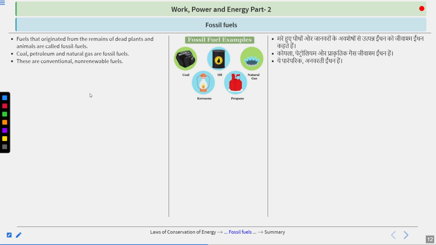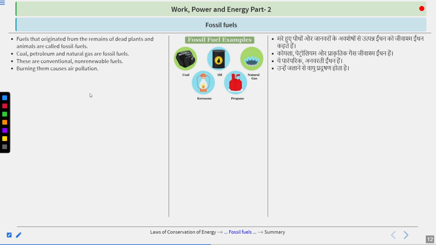Why conventional? Because we have been using them since the start, conventionally or traditionally. These are non-renewable. Why? Because the time taken for formation of these fuels is much higher in comparison with the time taken for consuming them. Burning them also causes air pollution. Why?